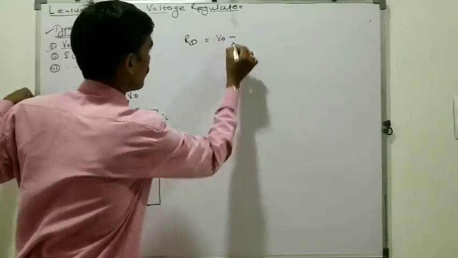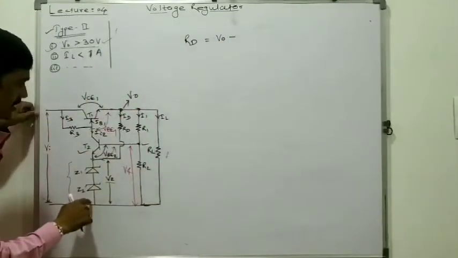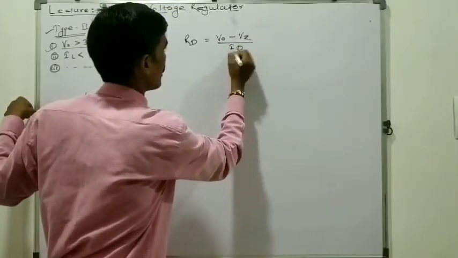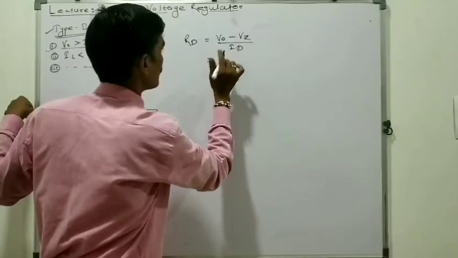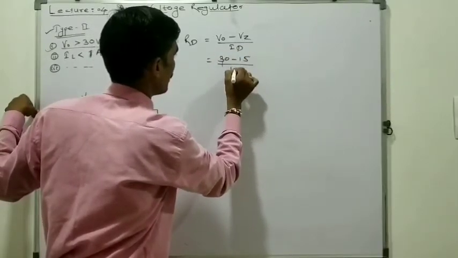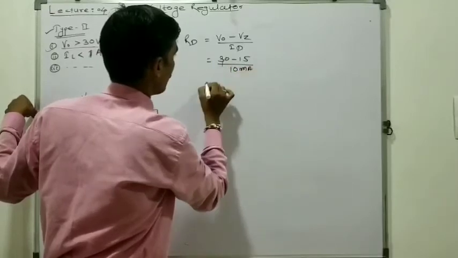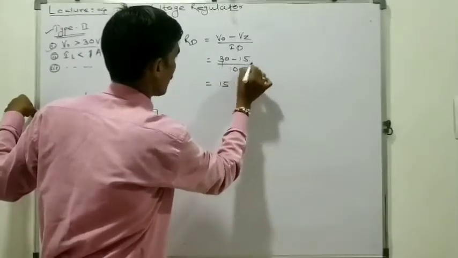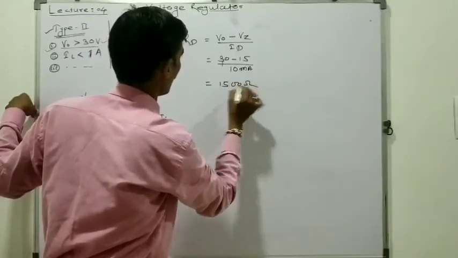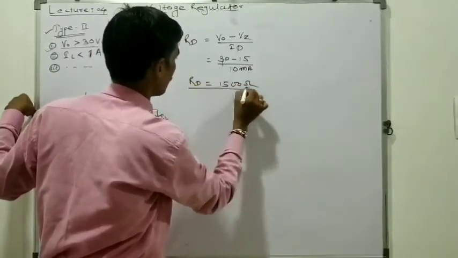So VO minus the voltage available at this point, that is nothing but the Vz, divided by ID. So it is 30 minus 15 divided by 10 milliampere. So it is 15 divided by 10, so it is 1500 ohm. So this is nothing but the value of RD.